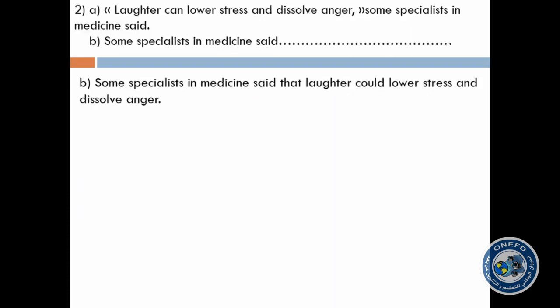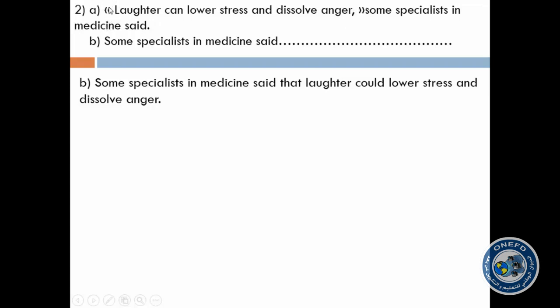So let's take a look at the second sentence. Our second sentence, A: Laughter can lower stress and dissolve anger, some specialists in medicine said. Our statement, laughter can lower stress and dissolve anger, is between quotation marks.